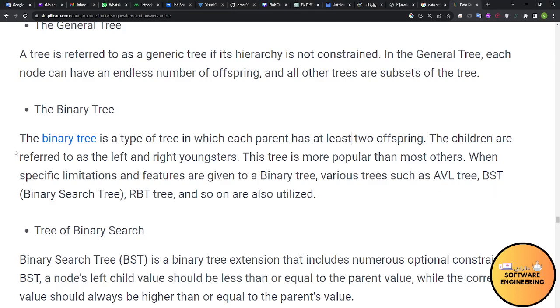The children are referred to as the left and right youngsters. This tree is more popular than most others يعني معروفة أكتر من الباقي. When specific limitations and features are given to a binary tree, various trees such as the AVL tree وال BST اللي هي binary search tree وال RPT tree and so on are also utilized.